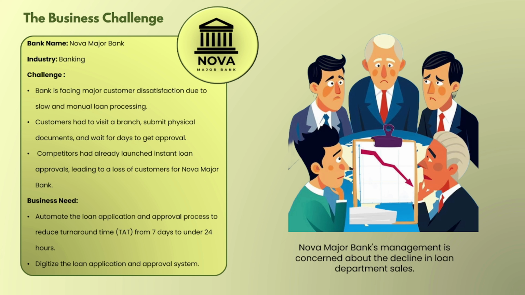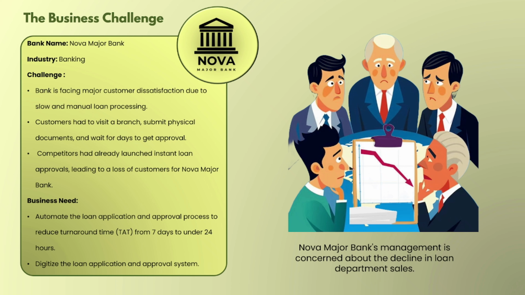So the challenge is the bank is facing major customer dissatisfaction due to slow and manual loan processing. Customers had to visit a branch, submit physical documents and wait for days to get approval. Competitors had already launched instant loan approvals, leading to a loss of customers for Noah Major Bank. Means due to this inefficiency, the loan processing is so slow that customers are now shifting to other banks and sales are decreasing.